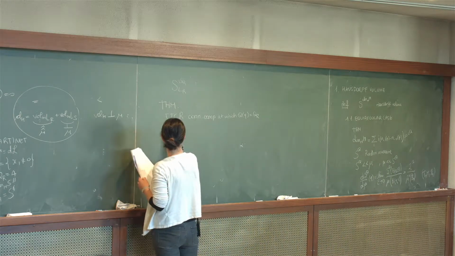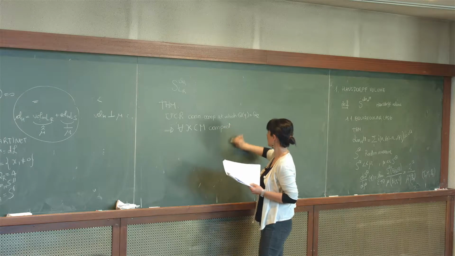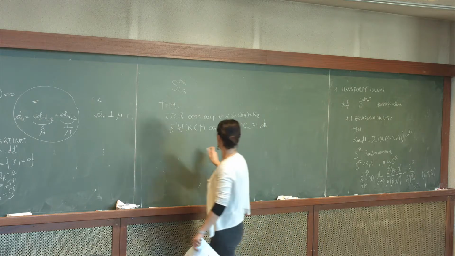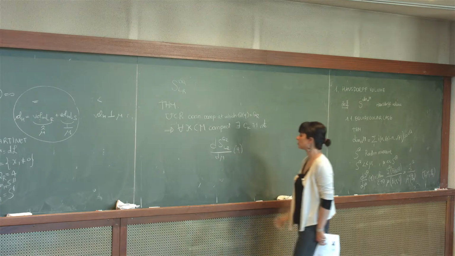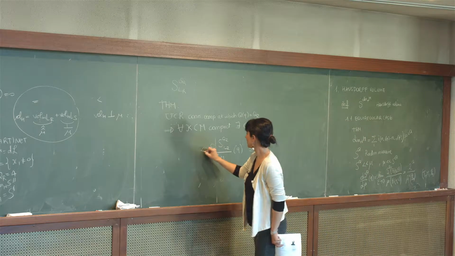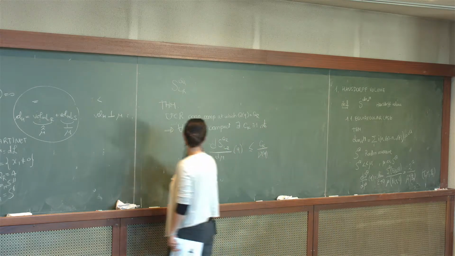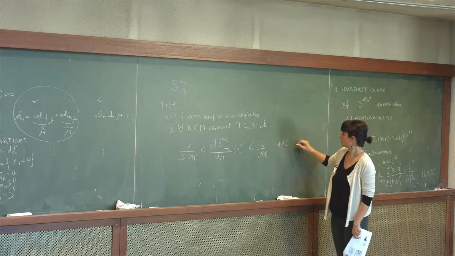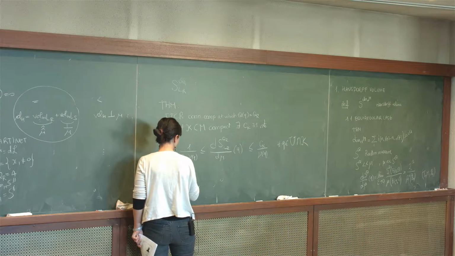then for every compact set K in M, there exists a constant C_K greater than 1 such that the Radon-Nikodym derivative of this measure with respect to a smooth volume at a point Q can be pinched between 1 over C_K nu of Q and C_K over nu of Q, for every point Q in U intersected with K, where this function nu of Q is defined as follows.